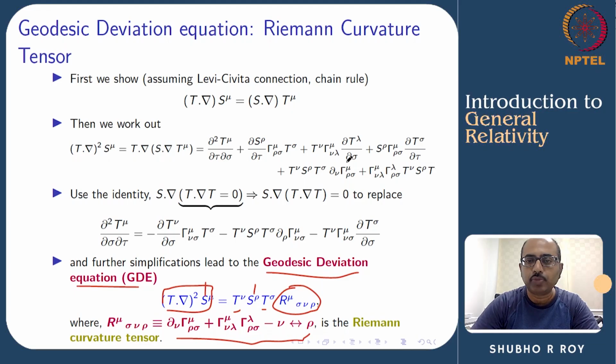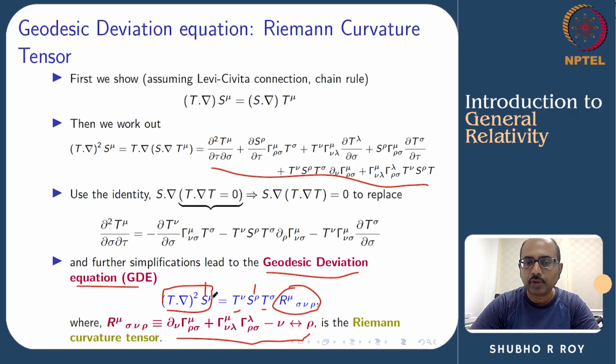If you simplify the algebra a little bit, I can write this right-hand side in this way: it is quadratic in T and first order in S, and whatever is left over, that coefficient, I will call the Riemann curvature tensor. So that measures geodesic separation.